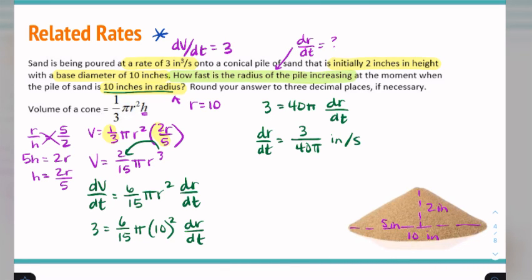Or I can simplify that. 3 divided by parenthesis 40 pi is going to be 0.024 inches per second.